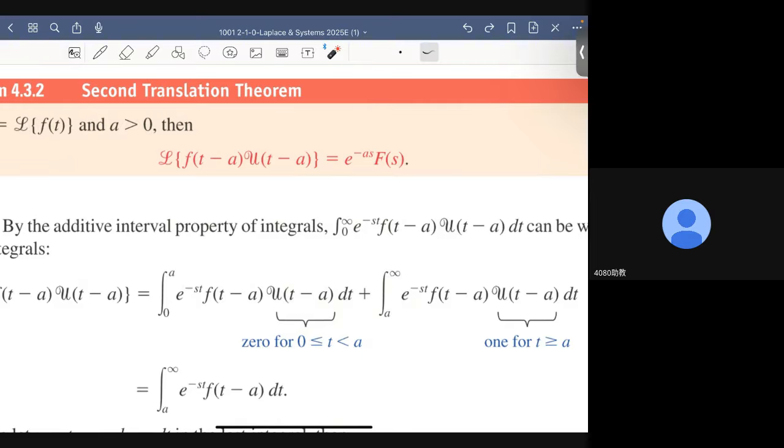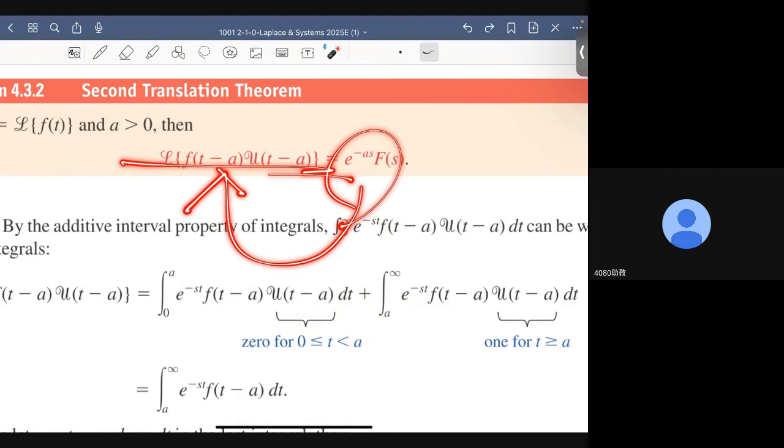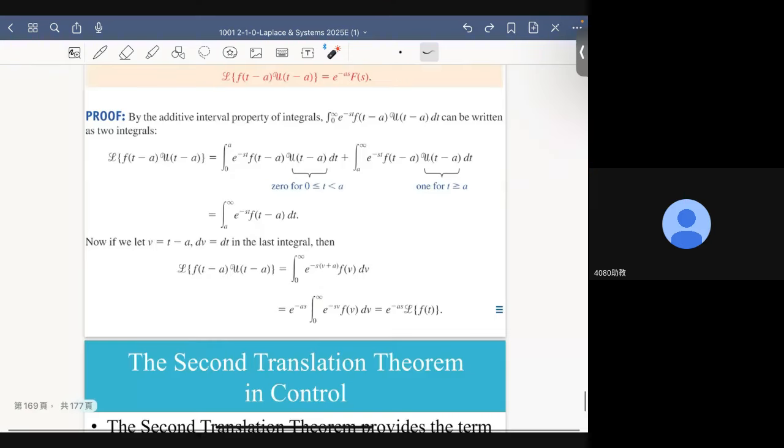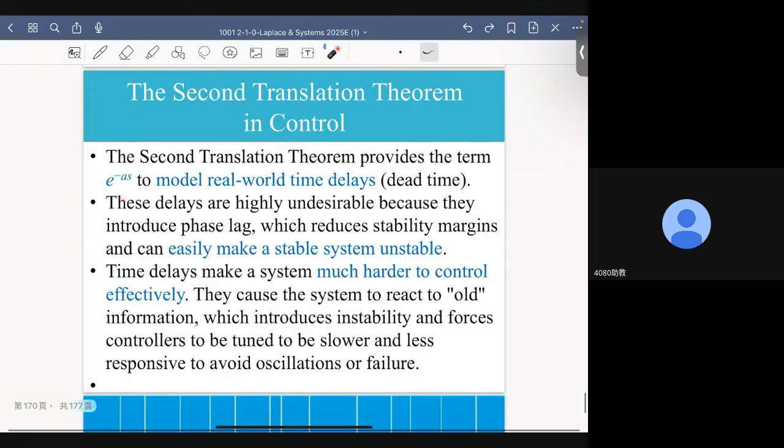However, whenever you see an exponential function in the s domain, it only has one possibility. That is, this exponential function in the s domain corresponds to time delay in the time domain. So e to the minus as in the s domain is to model real-world time delays.